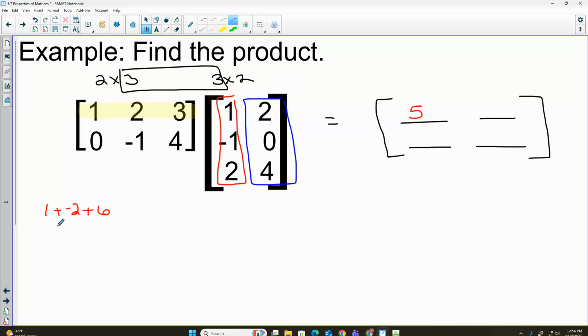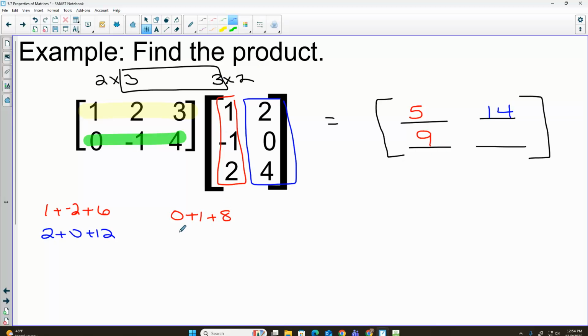First row, second column. So 2 plus 0 plus 12 is 14. Second row, first column. So 0 plus 1 plus 8 gives us 9.